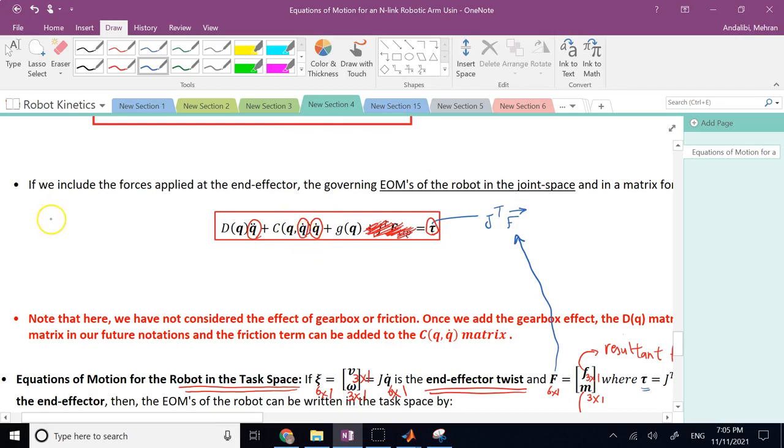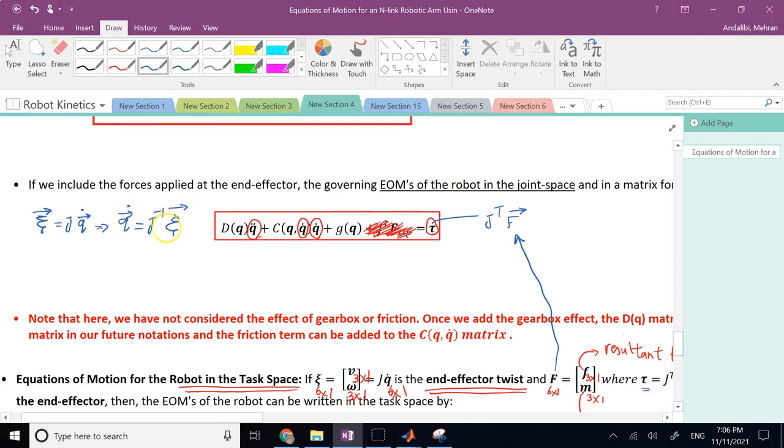Well, we know the relation of xi, your twist, is equal to J times q dot. So if your J is an invertible matrix and you have n joints, then from here your q dot is simply going to be J inverse times xi.